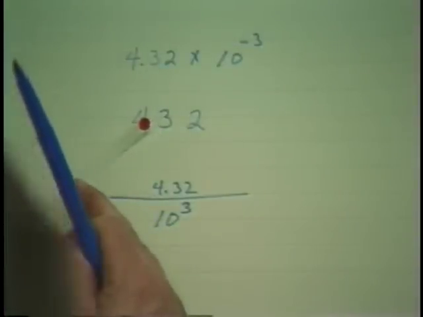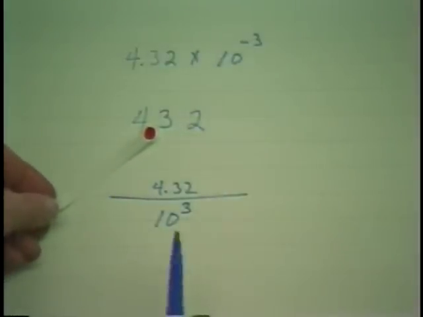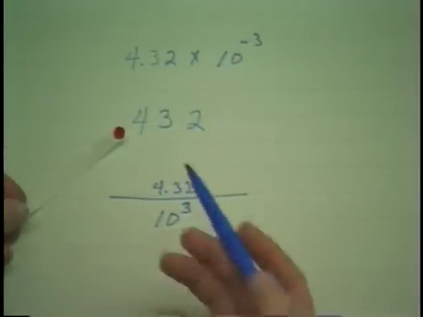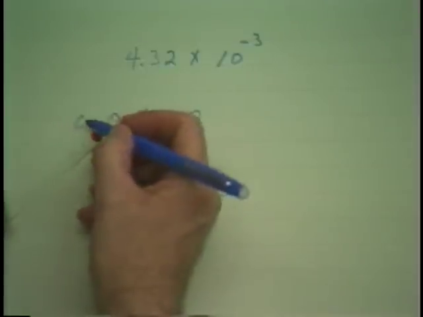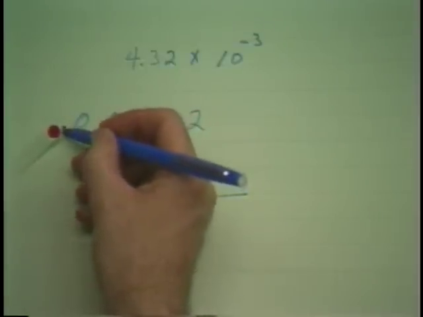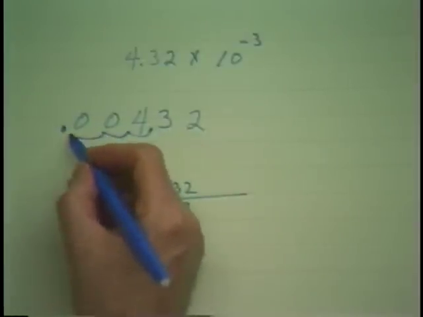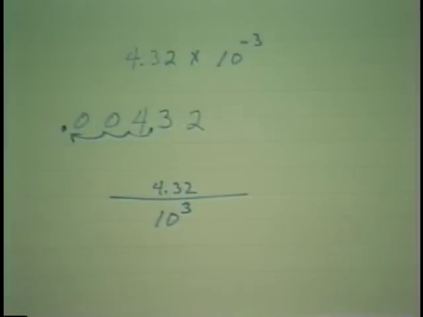So, our rule, when multiplying by a negative power of 10 or dividing by a positive power of 10, make the number smaller by that many places. So I've made this number smaller by 3 decimal places.